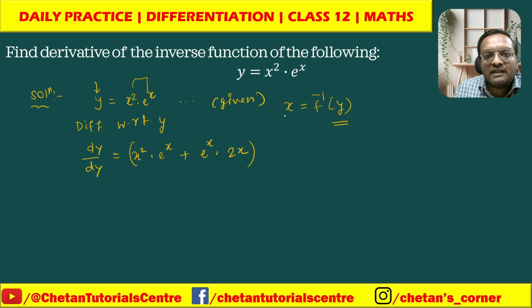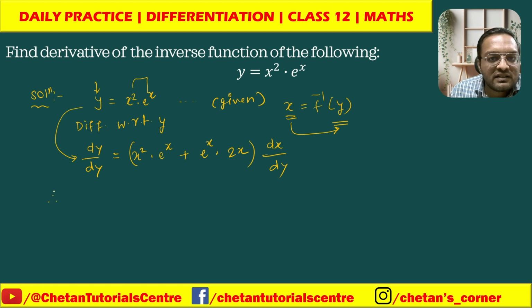Now as we are differentiating this function with respect to y, I will write here the derivative of x with respect to y. As x is the inverse function of y, the derivative of x with respect to y will be dx by dy. In this way we differentiate the given function with respect to y.